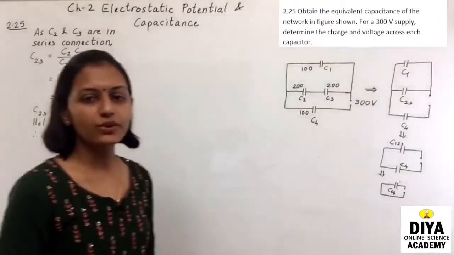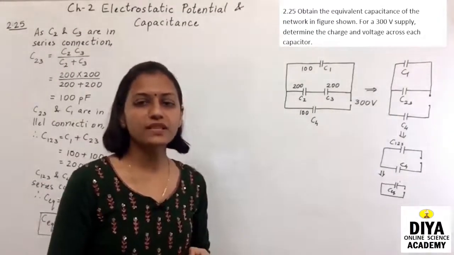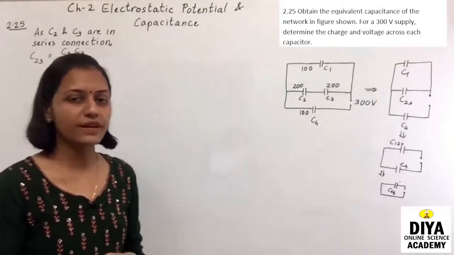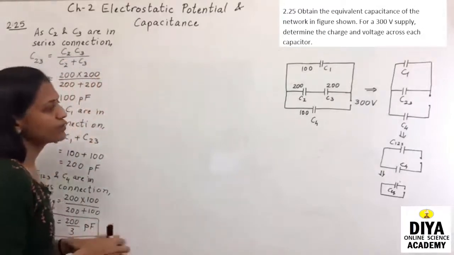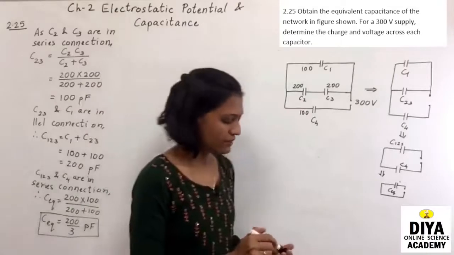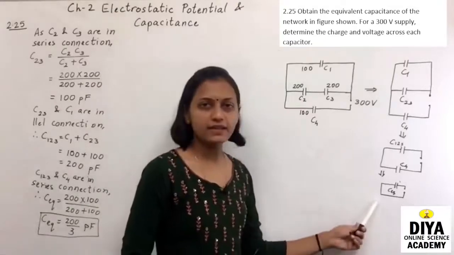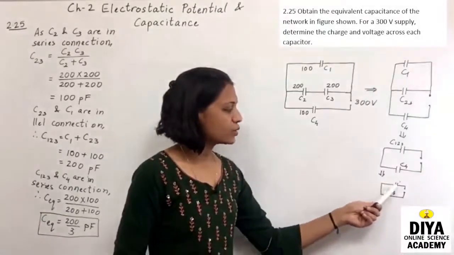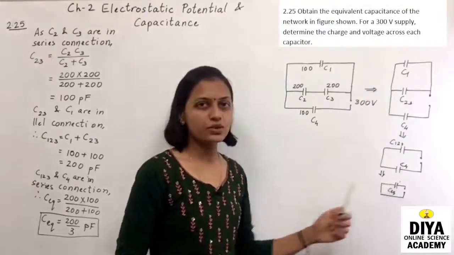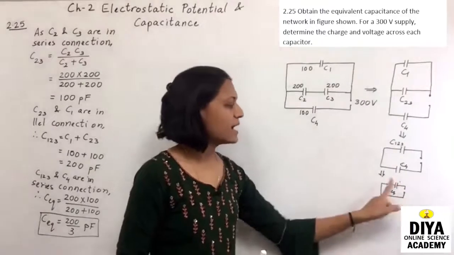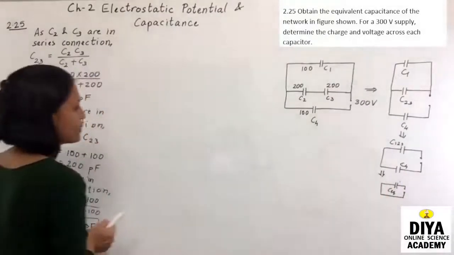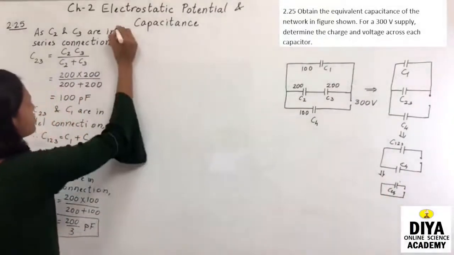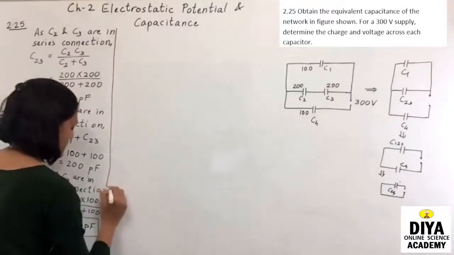Now the second question is: for 300 volt, determine the charge. After the charge we can find out the voltage. So how much would be the charge? For that we will start with this final circuit. 300 volt is being supplied to this much capacitance. So we know the value of V and C, so we can find out how much is the total charge that is being supplied.